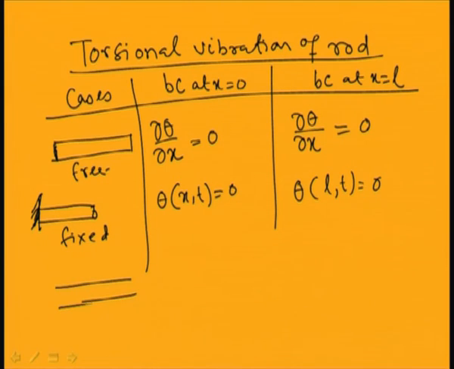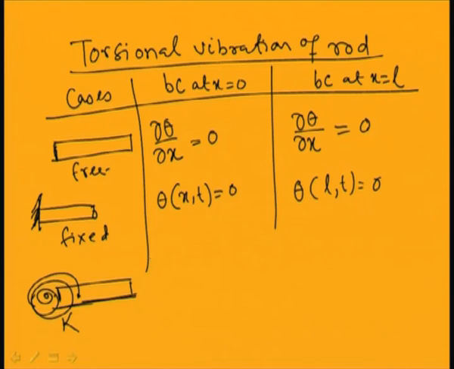Let me put a torsional spring with stiffness k. In this case the torque at the left end will be balanced by the force exerted by the torsional spring.